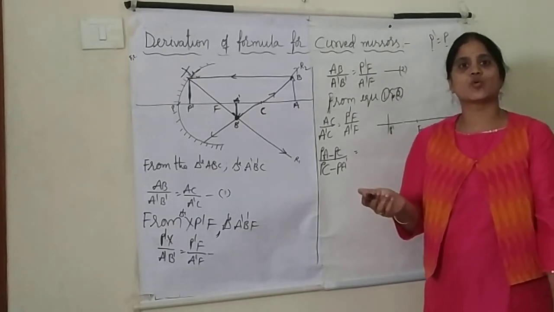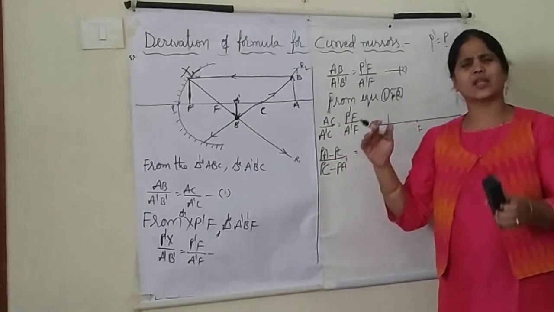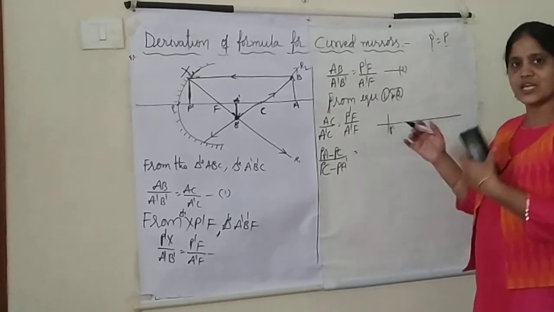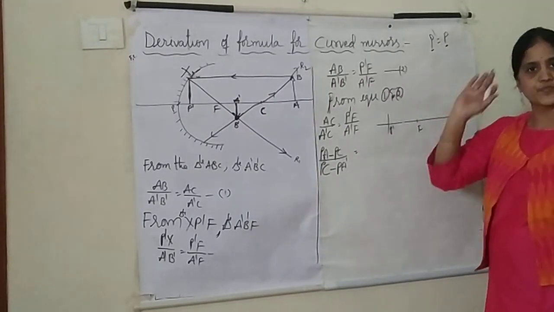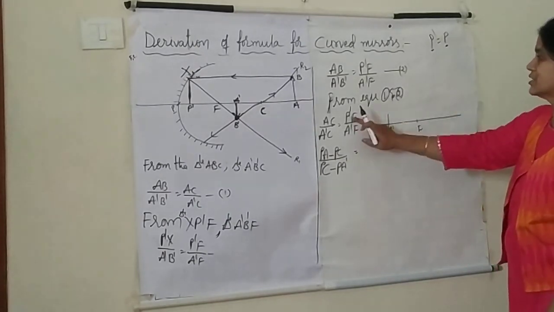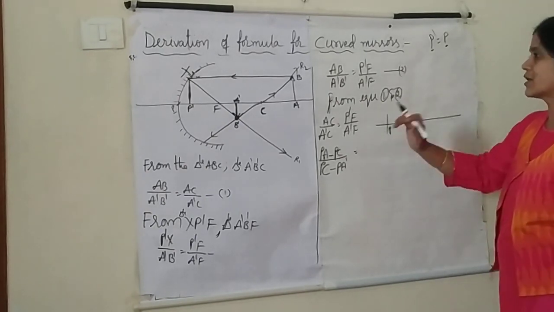Paraxial rays means the rays which are parallel to the principal axis and very close to the principal axis. In that case, instead of P dash, we take P. That is the rule.